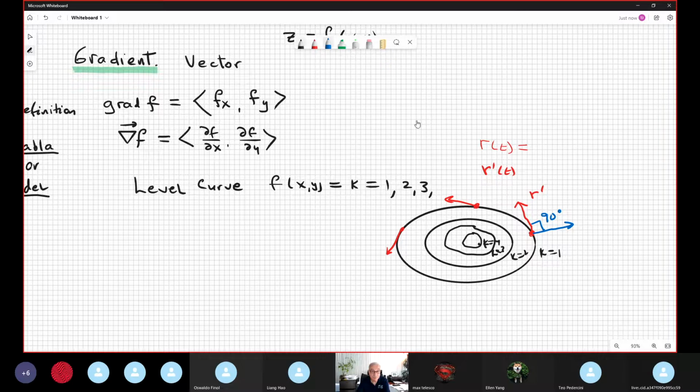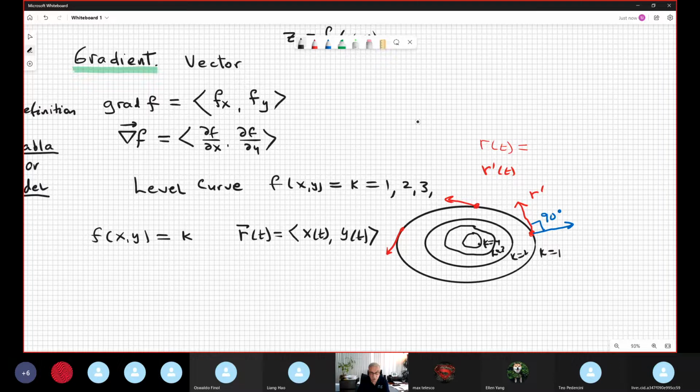So, the level curve is the function equal to a constant. This is just a number, right? And suppose that this curve we can represent as a vector valued function. The vector valued function, let me recall, is x of t, comma, y of t.